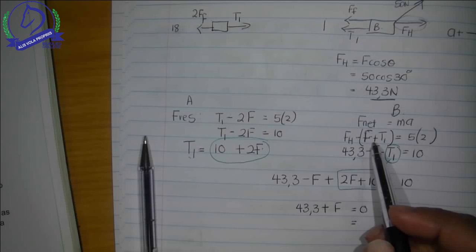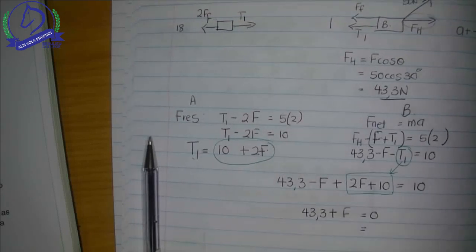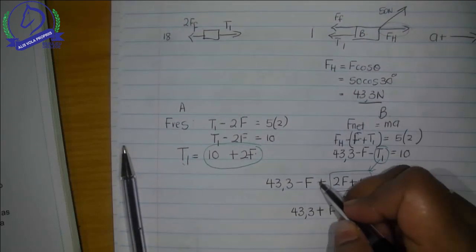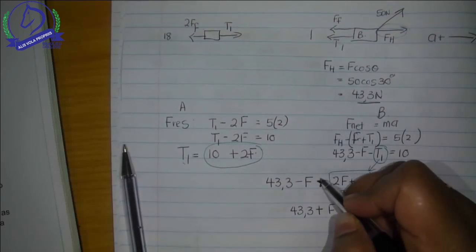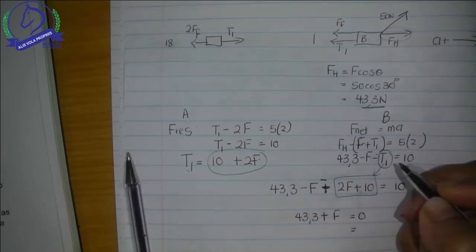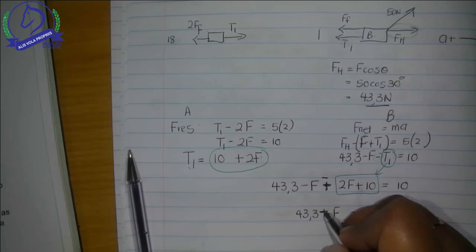I got minus F, T minus 2F. I think I've made a mistake with my sign somewhere. It's supposed to be minus T here, so this should be minus, and so this is minus because of that minus sign there, and then this would become minus 3F.